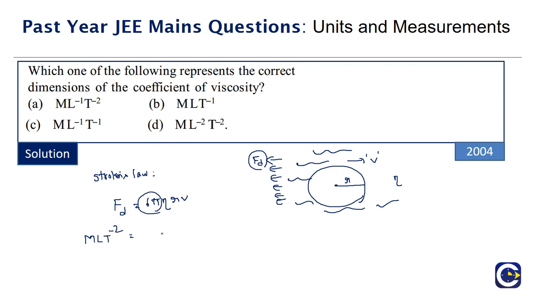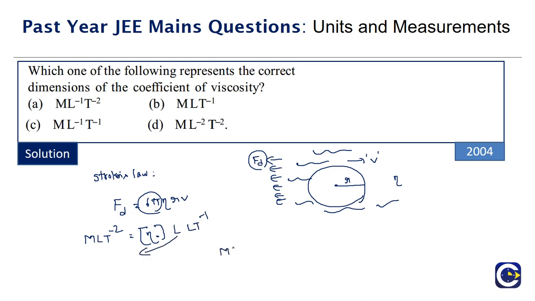6 and pi both are numerical constants and will not have any dimension. Eta, for which we are trying to find the dimension, into r, the radius, whose dimension will be length, and speed or velocity will be L T to the power minus 1. So we are trying to find the dimensions of eta, so we'll bring the other two to the LHS.